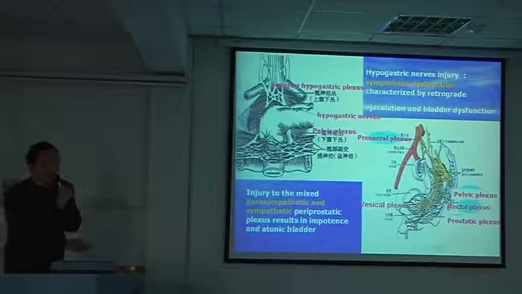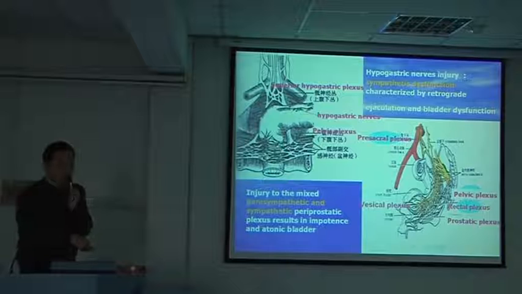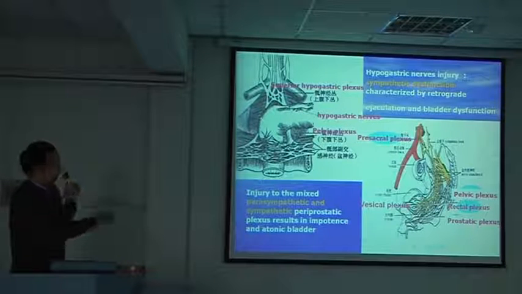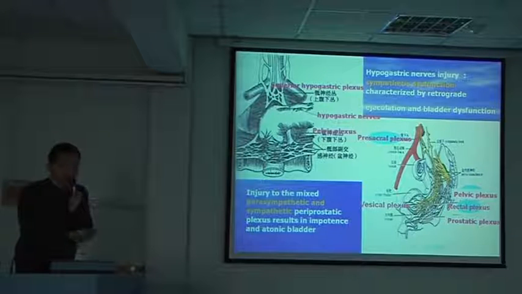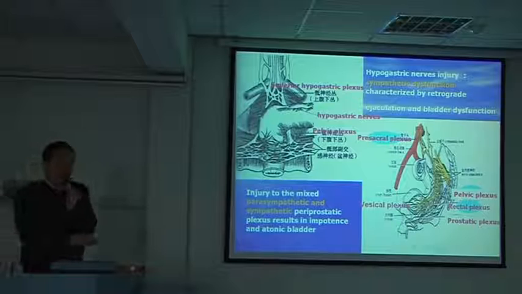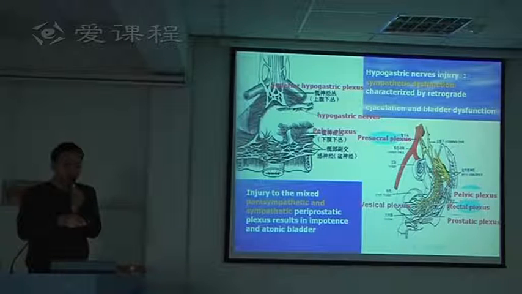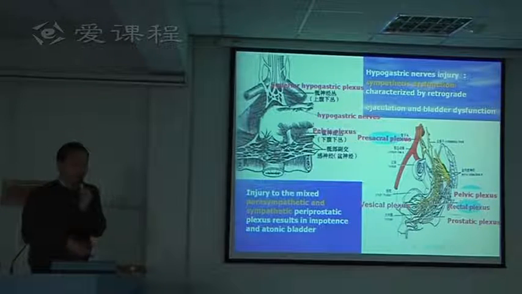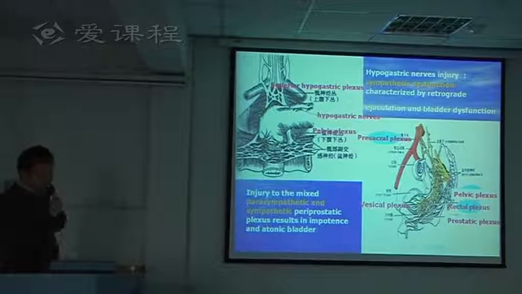So during operation, we must pay more attention, especially to these nerves. It's better to preserve them. Later I will explain this in detail. This is called TME, a method for how to preserve these nerves. Okay.